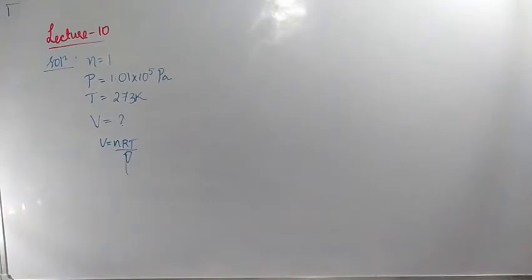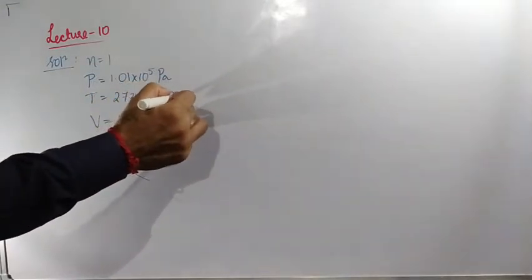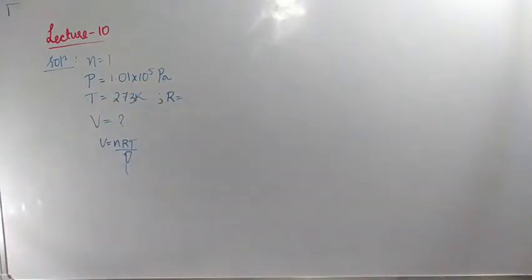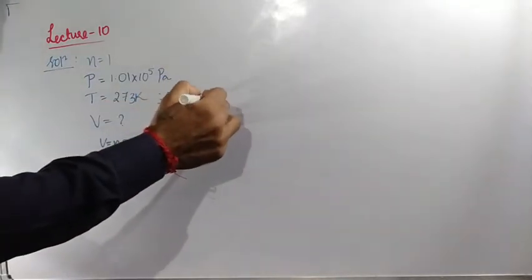The problem is that the R value is not given, but in the previous problem I told you that you have to remember the R value also. So what is our R value? 8.31 joule per mole per Kelvin.